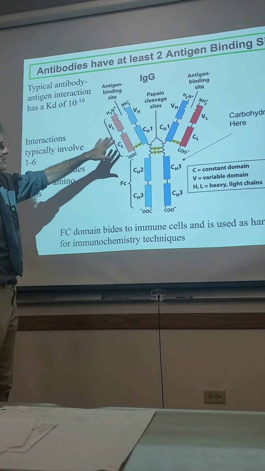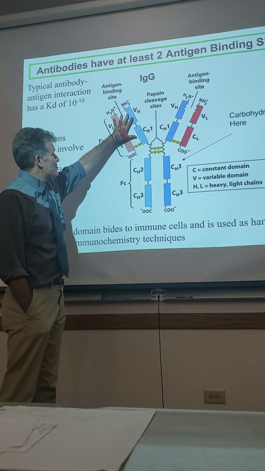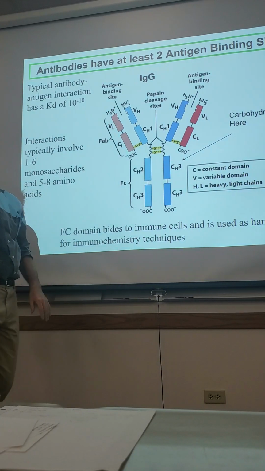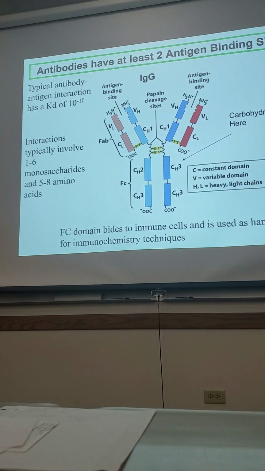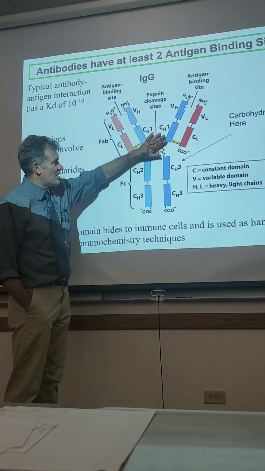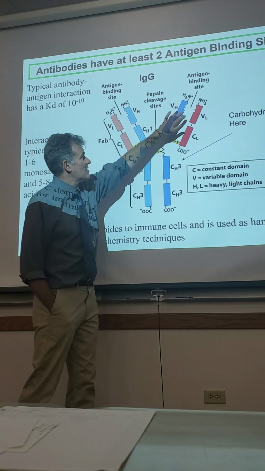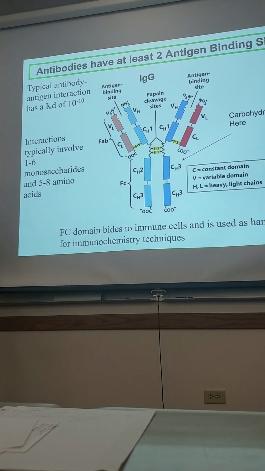So we have this ability to randomize this section and just explore and tag foreign objects. That's what antibodies are. The rest of the structure is very constant, all right? The C part represents constant domains, and the variable domains are right up here, just in this part, all right? And so that's what we have going on.